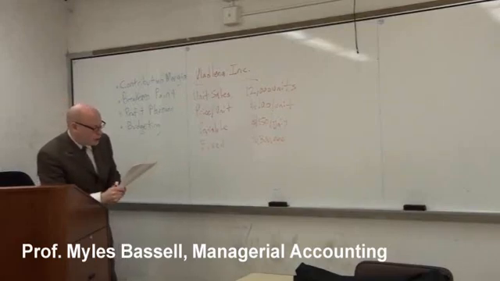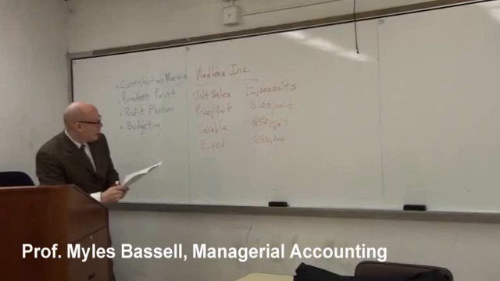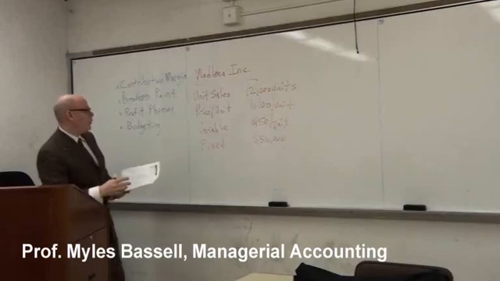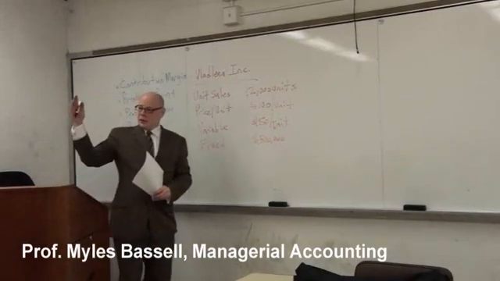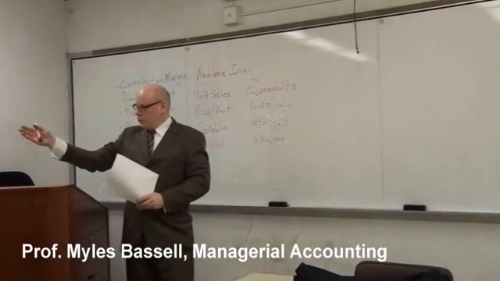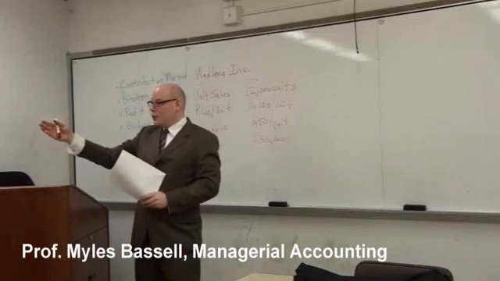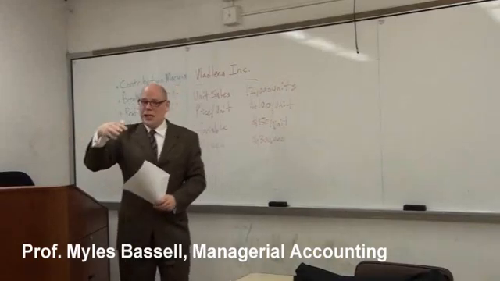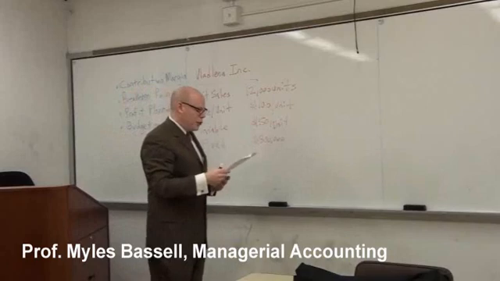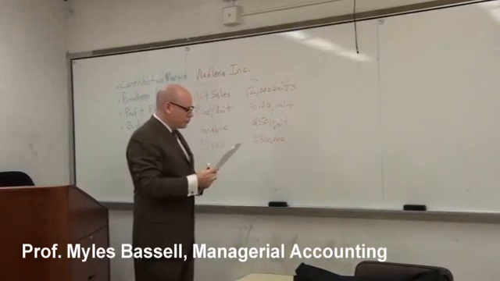This is the information that we have. We still need to calculate the contribution margin. So what we need to do is calculate the contribution margin and the net income. We're going to set up, just like we had before, the contribution format income statement. This is a different application of the same concept.